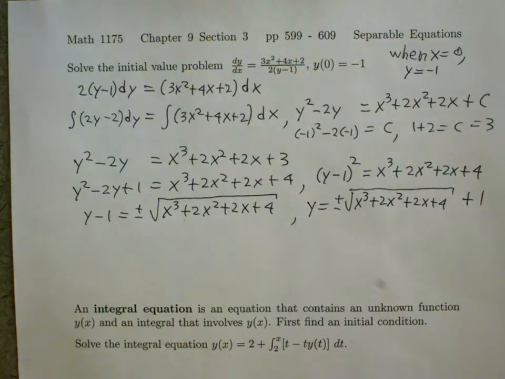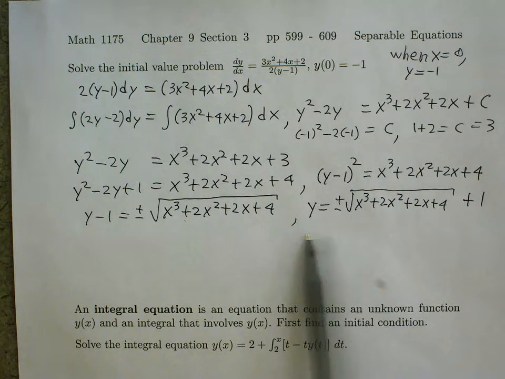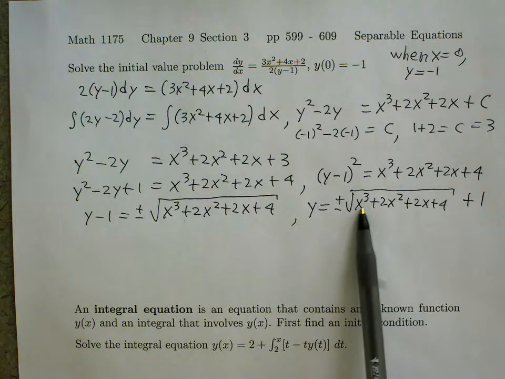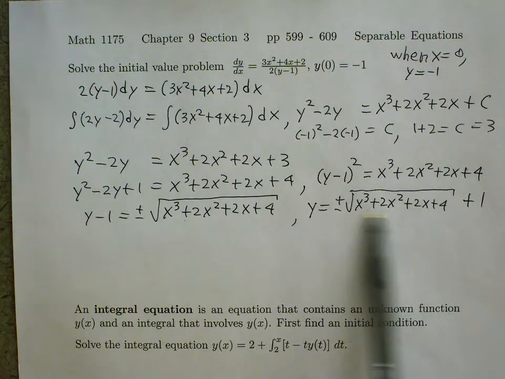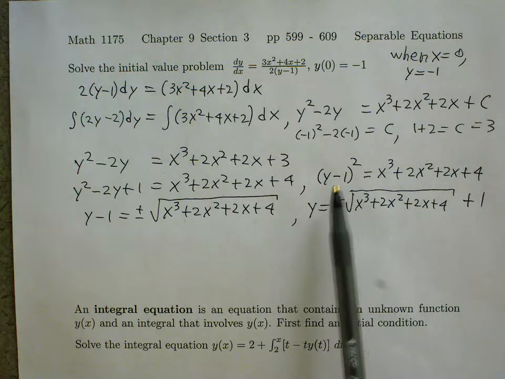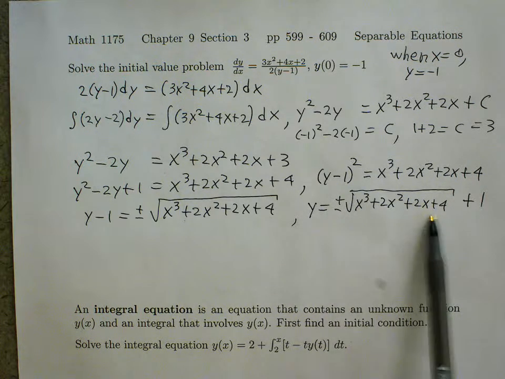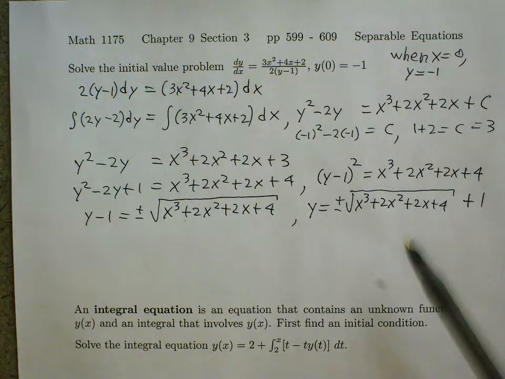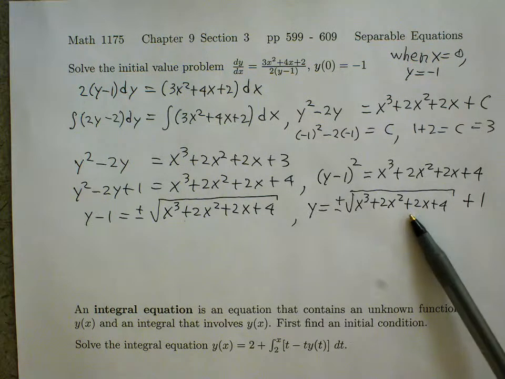Well, the initial condition can help us again. So when x is 0, y is negative 1. So when x is 0, we have either the positive or the negative square root of 4 plus 1. The square root of 4 is 2.